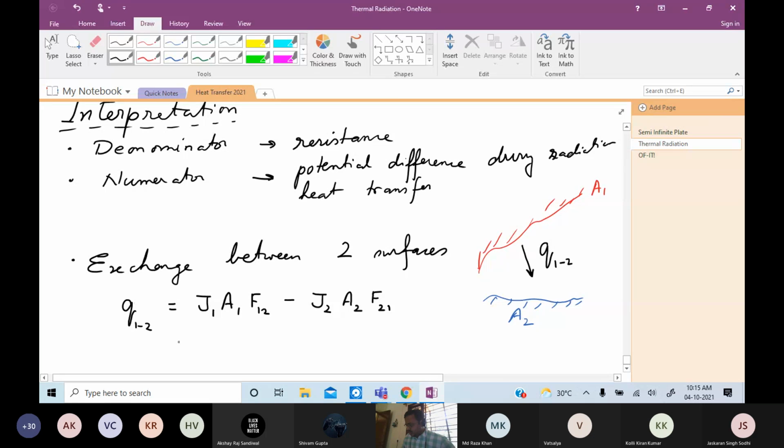So what can I write? I can simplify this a bit and write it as J1 minus J2 times A1 F12. Why? Because of the reciprocity relation, right? Shape factor A1 F12 is equal to A2 F21.